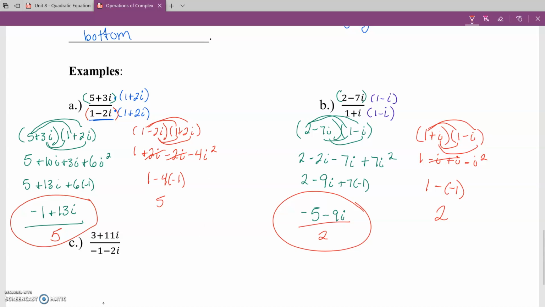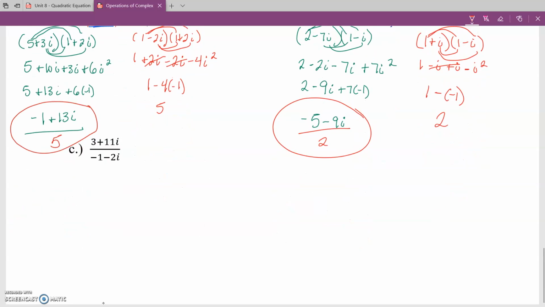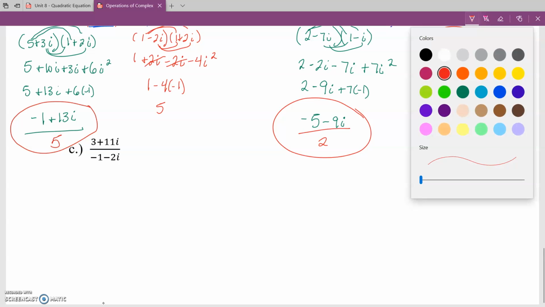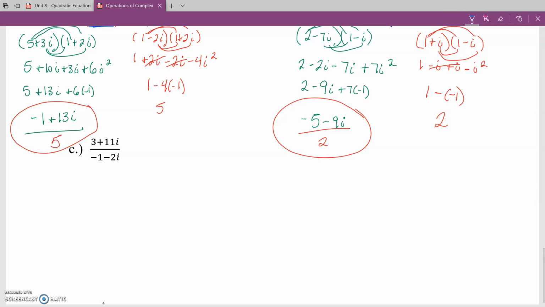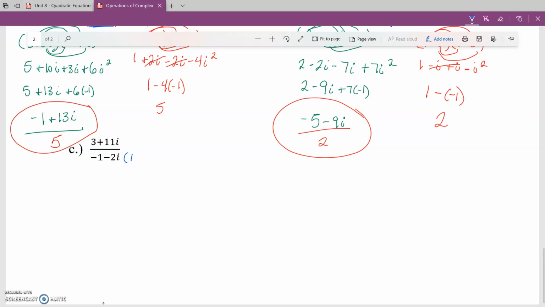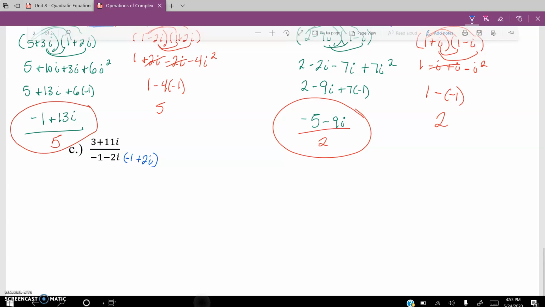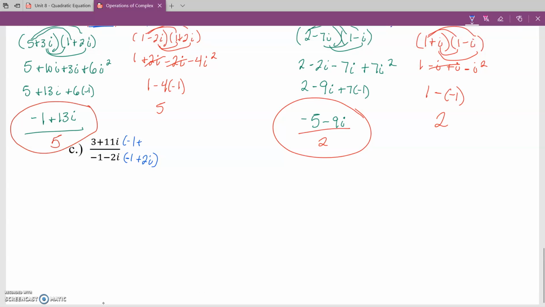And let's try and squeeze in just one more example here. Again, remember, multiply by the conjugate of the bottom. So this one's going to be 1 plus 2i, but that's definitely going to stay negative 1 still. So negative 1 plus 2i.